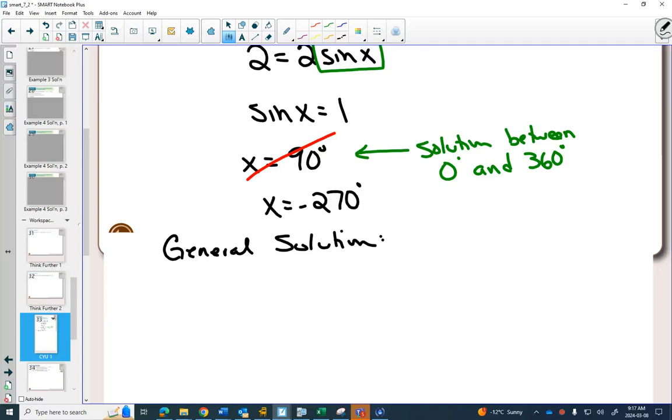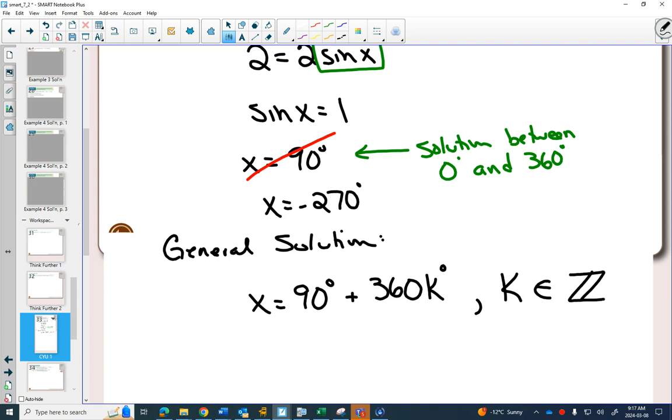I solved between 0 and 360. There was only one solution. So for my general solution, x will equal 90 degrees, and then I would add 360 degrees times k, where k is an integer.